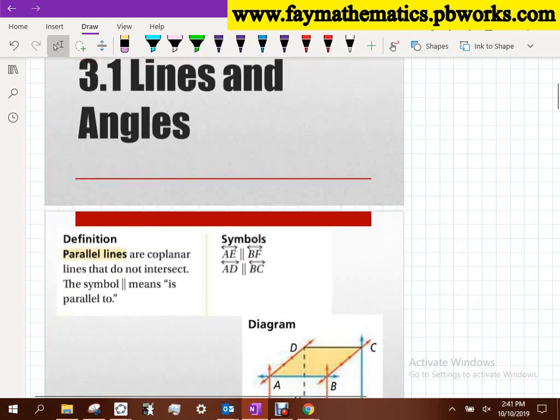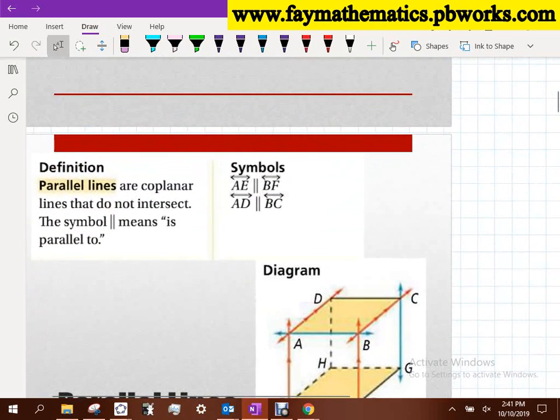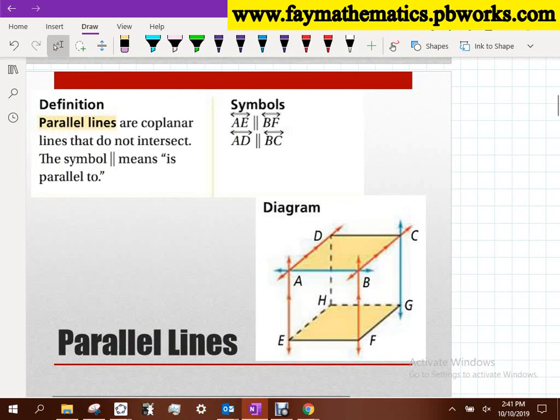Okay? So the first one that we're going to talk about is parallel lines. The word that they took out when you were in the 3rd grade, when they started talking about things that are parallel, is the word coplanar. Because at that age, the argument is that we're not developed to understand what it means to have a plane, and then what it means to have 2 lines that are in the same plane, like coplanar means.